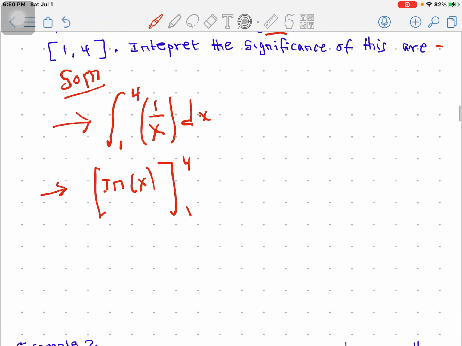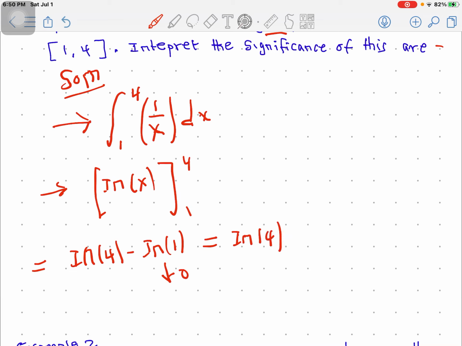So based on that, applying the fundamental theorem of integral calculus, upper limit minus lower limit, we have ln of 4 minus ln of 1, and ln of 1 is going to give me 0, and therefore my final answer is going to be ln of 4.